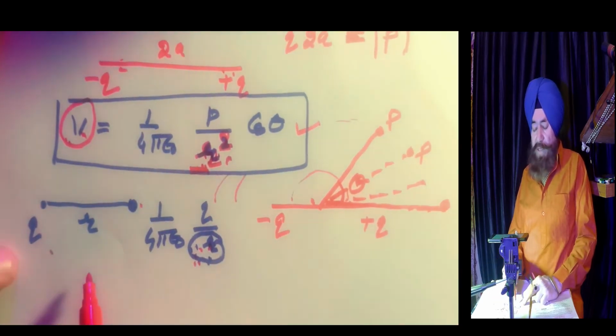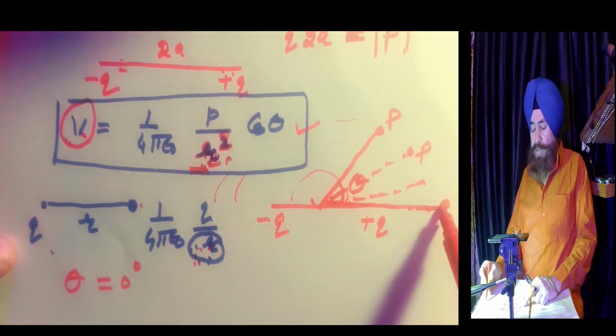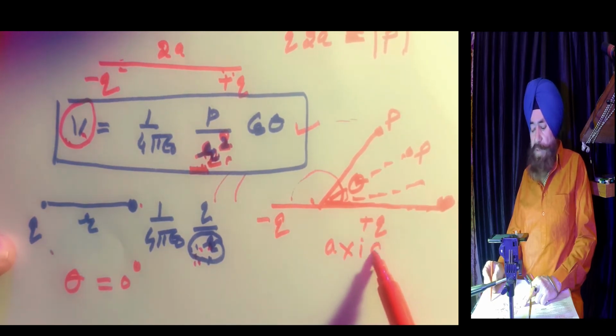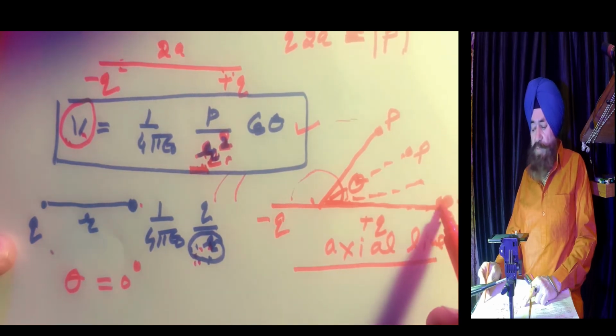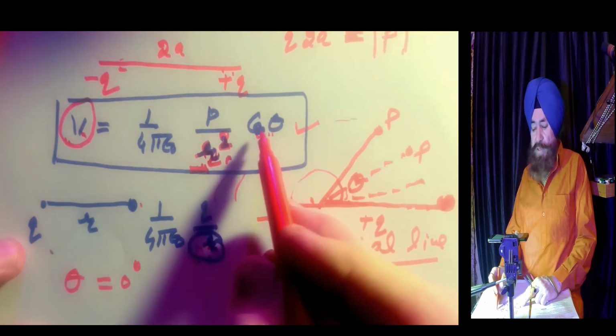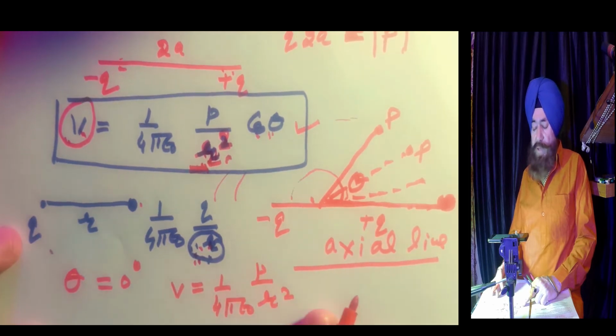So what happened here? If theta is equal to 0, meaning observation point is here on the axial line, theta equals 0. Cos 0 is 1 and potential is simply constant p upon R square.